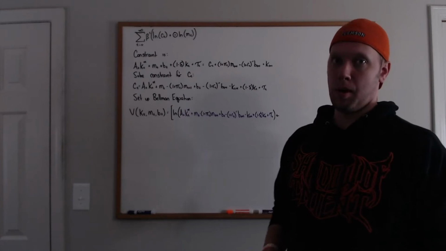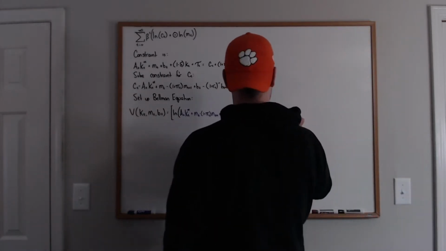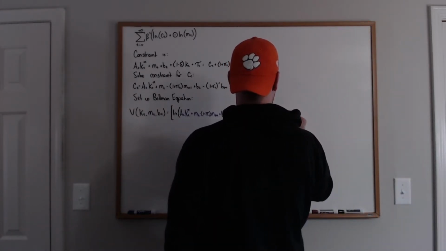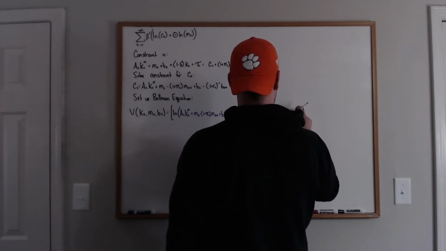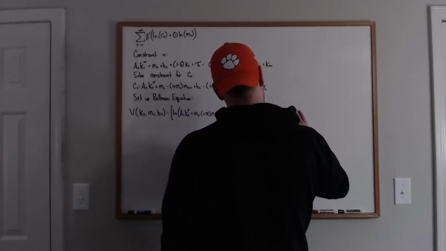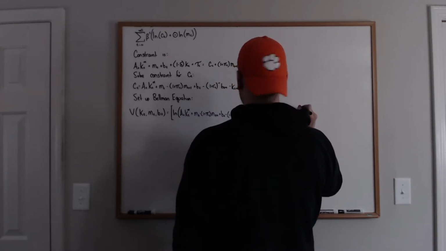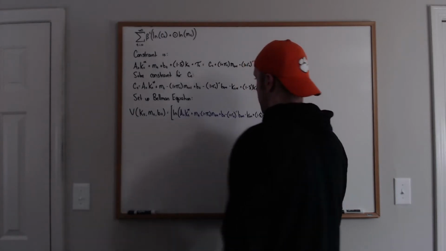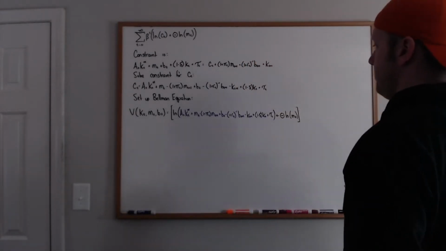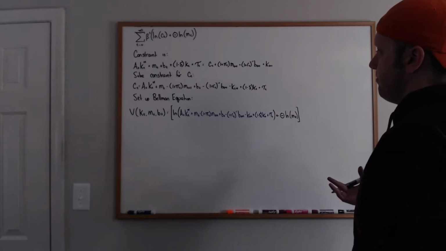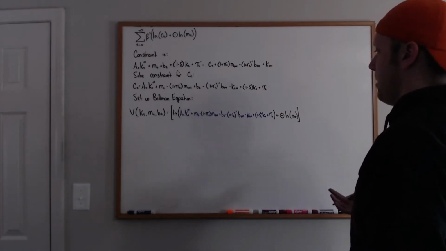You don't have to do it. Don't worry about it. So I just do plus theta ln of mt. And then I close my giant brackets. So I get that. Looks like a lot. I mean, yeah, it kind of is a lot, but it's really not that bad.